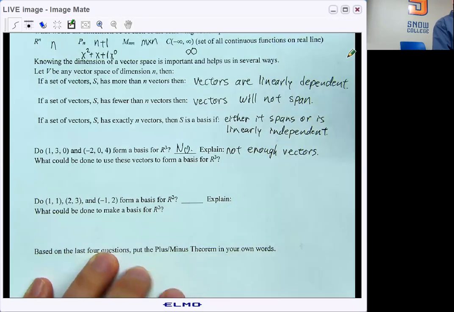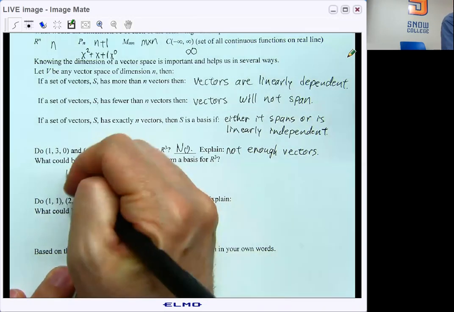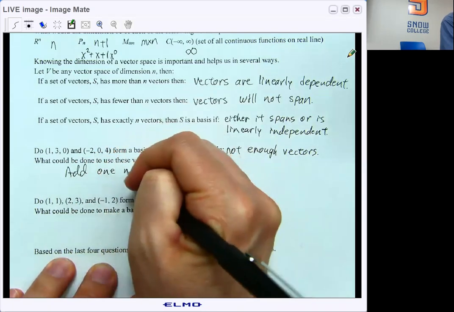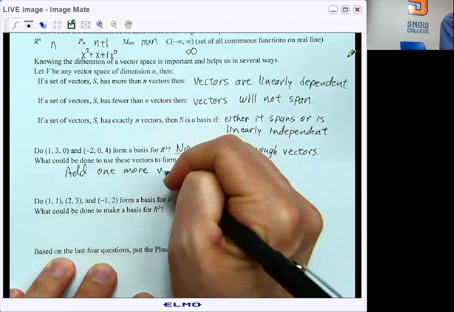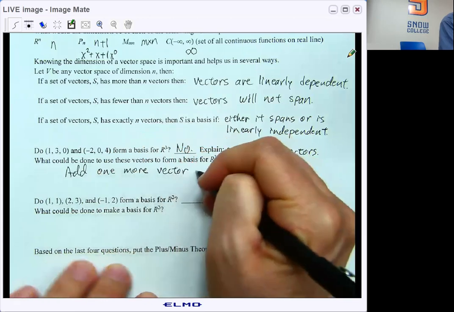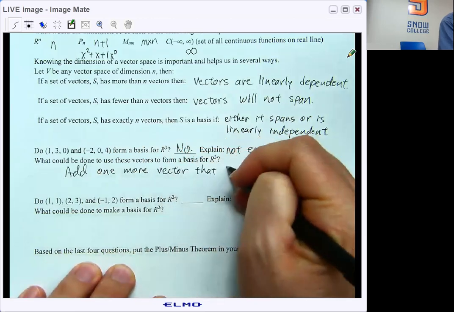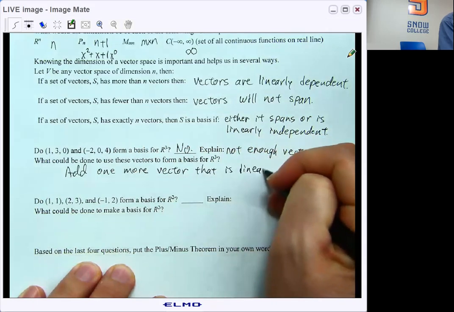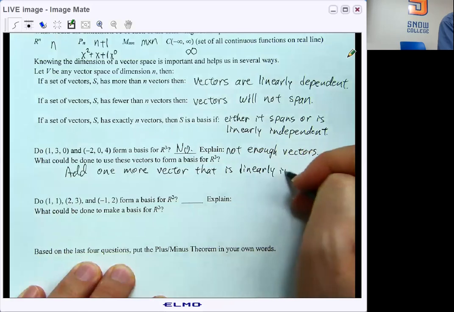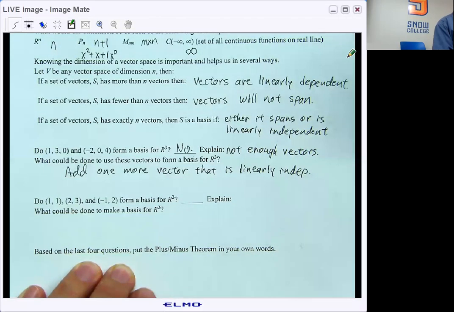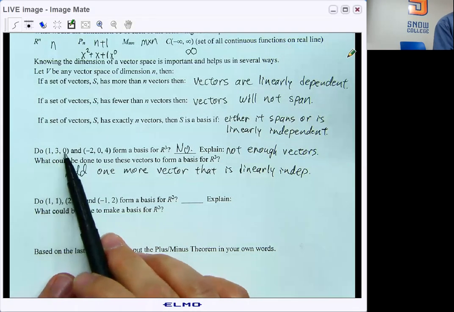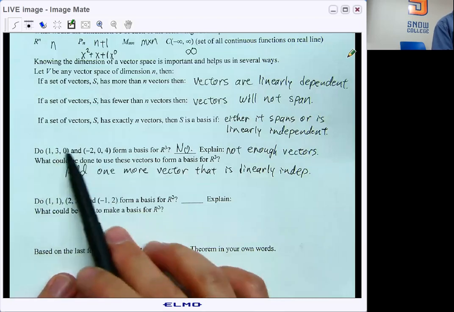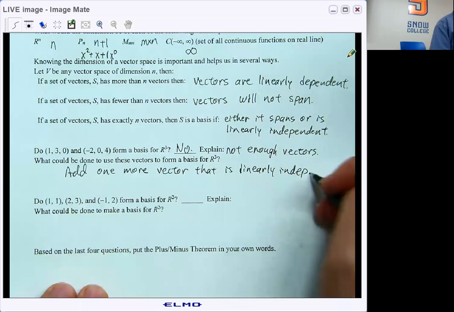So what could we do to form a basis? We could add one more vector, but it has to be special. That vector has to be linearly independent of the other 2. I can't just add the vector 2, 6, 0 because that would be linearly dependent on the first vector and wouldn't increase my span.